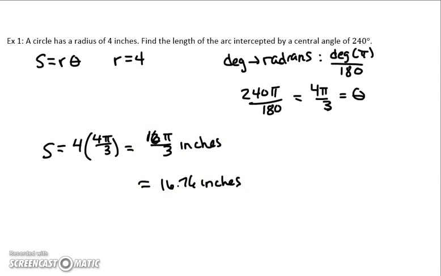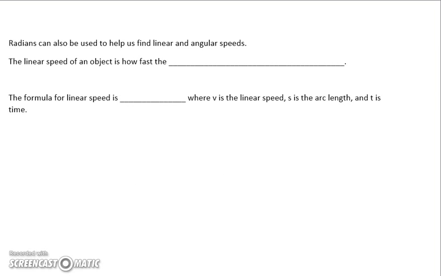We can also talk with radians about linear and angular speeds. So a linear speed measures how fast a particle is moving. And that particle can be anything. It can be a car, a bug, a person. Anything that's moving is going to be considered that particle.